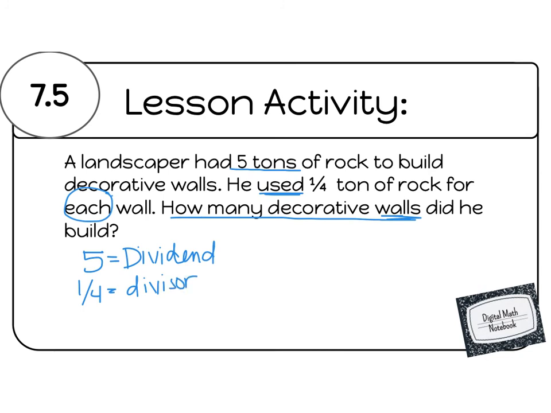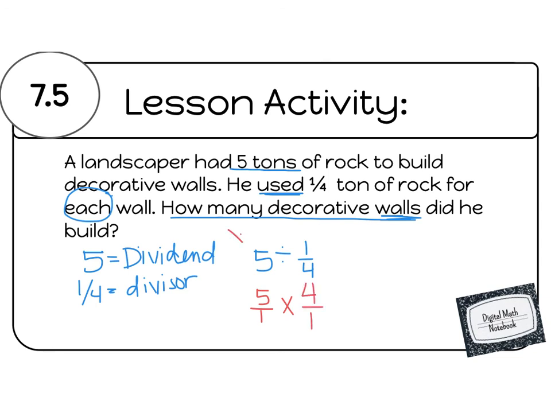which means that we're going to write it. Remember, the dividend comes first. 5 divided by 1/4. Now I see a fraction and I see a division sign, so I know that I need to keep, but change it into a fraction. Change, and then flip it upside down.